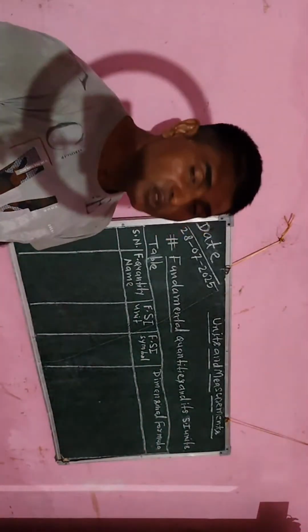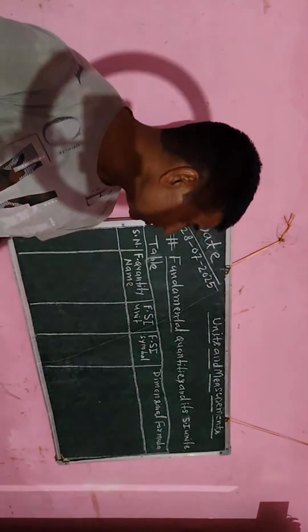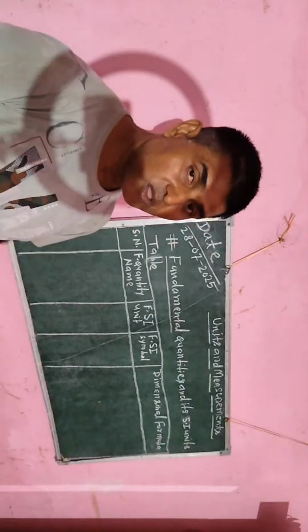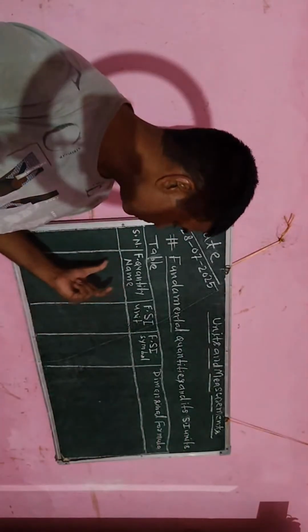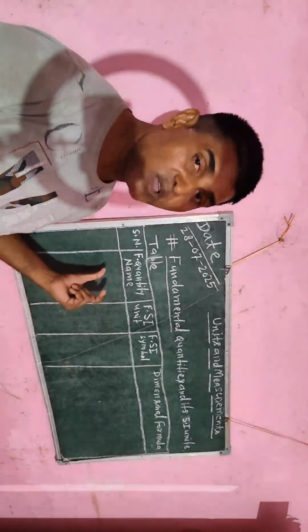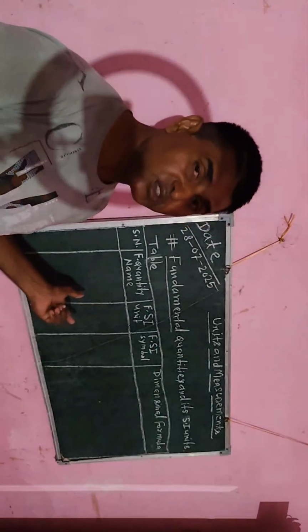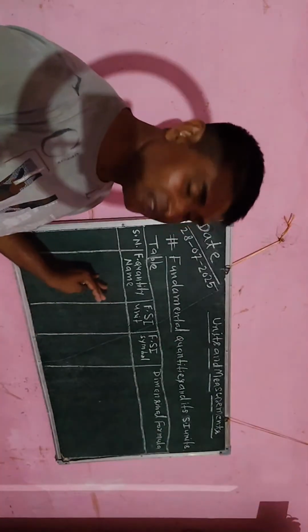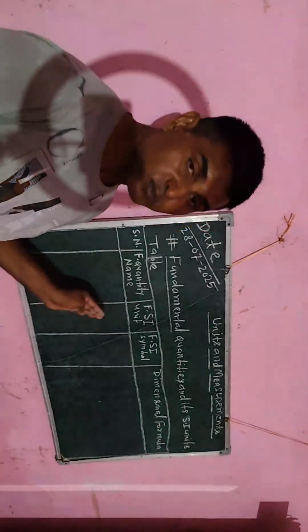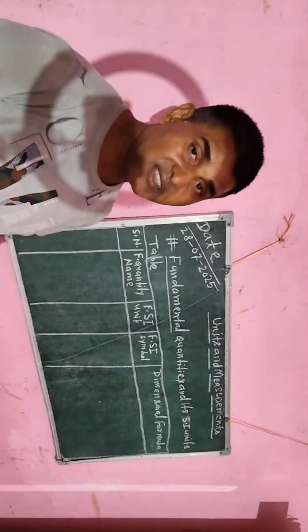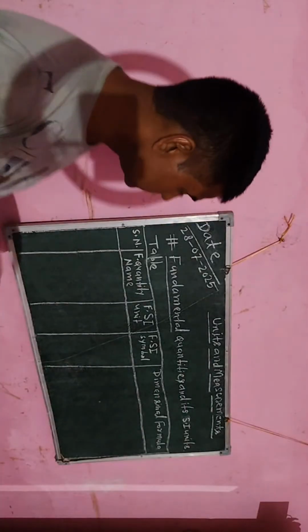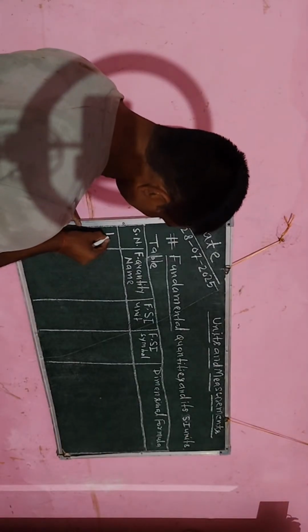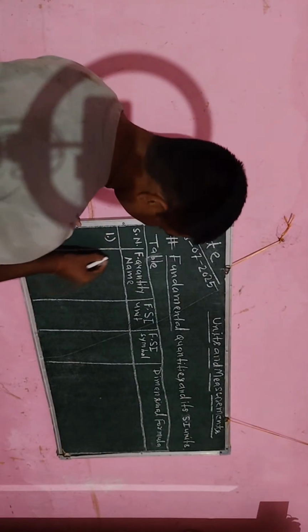So you understand clearly, because the same you have to make as a table in your notebook, because there is no space here to write all information at a time. Therefore I will explain each and every data, and corresponding to that data you have to write clearly in your notebook. So here the first fundamental quantity I am going to say is the length.